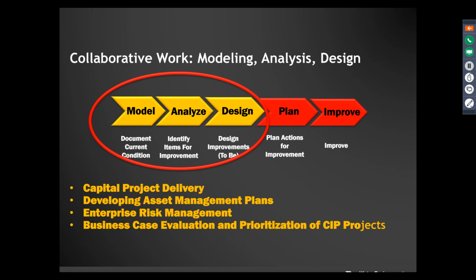Developing asset management plans, Metropolitan Council Environmental Services was the leader for that topic area. Enterprise Risk Management, Portland Water was the leader, and then business case evaluation and prioritization of CIP projects. And you're going to be hearing from these leading organizations in this webcast.